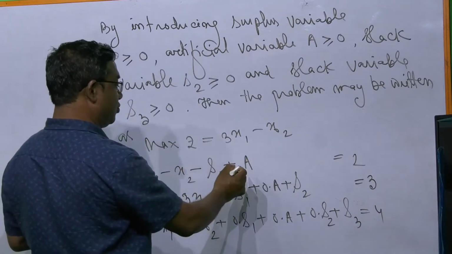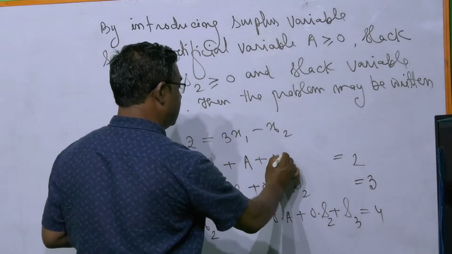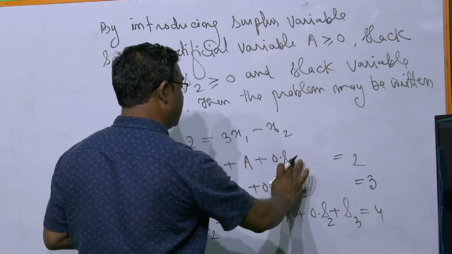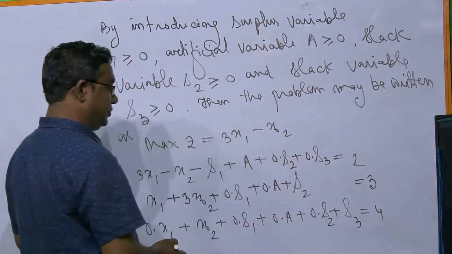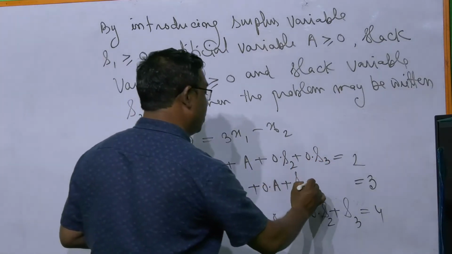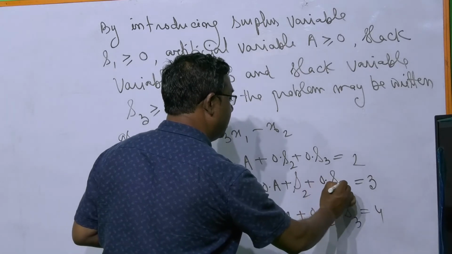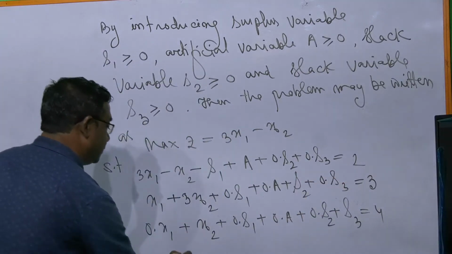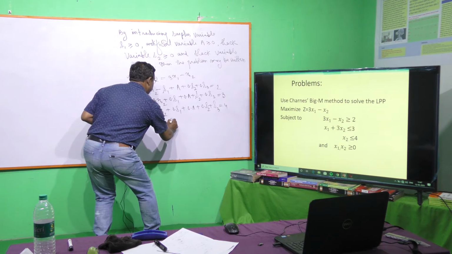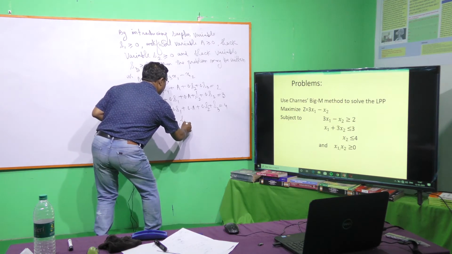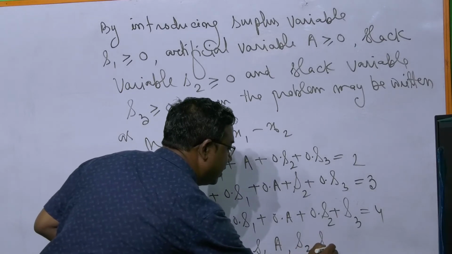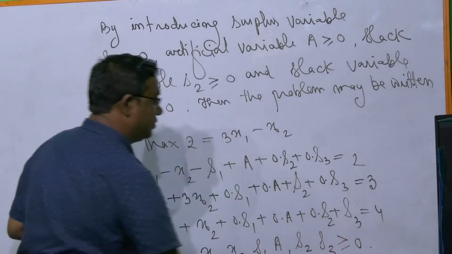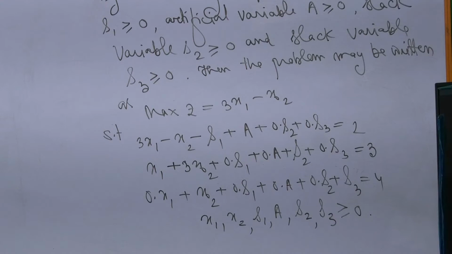So in the first constraint we have to put 0 into s2 plus 0 into s3. Then second one we have to put 0 into s3. Then x1, x2, s1, a, s2, s3 greater than or equal to 0. So this is the standard form.